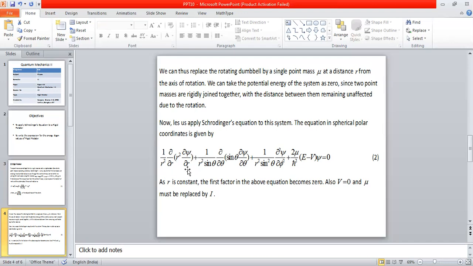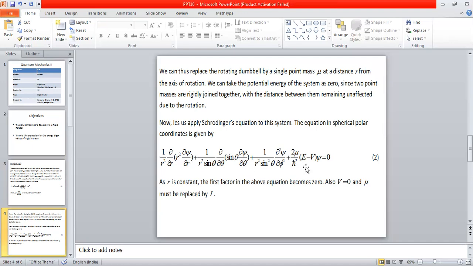This is because, as r is constant, our wave function psi is independent of the r coordinate. There is no dependency of the wave function on r for the rigid rotator, so we can forget about the first term. Therefore, in the case of the rigid rotator, the first term of this equation vanishes as r is constant.